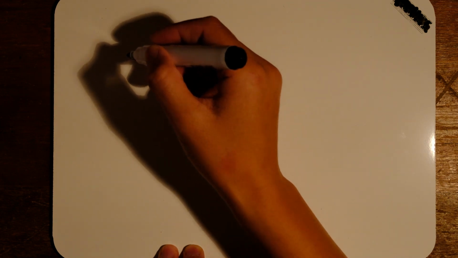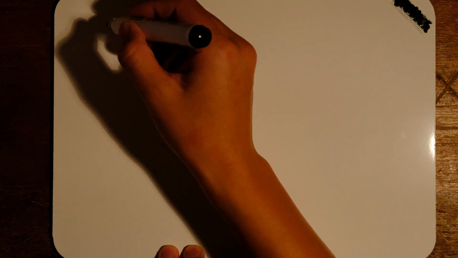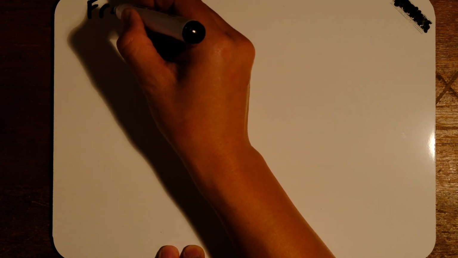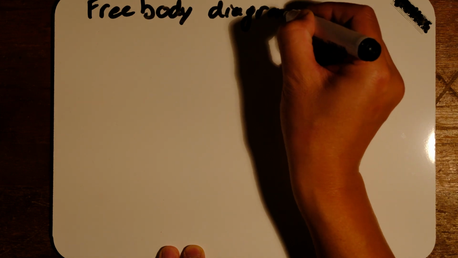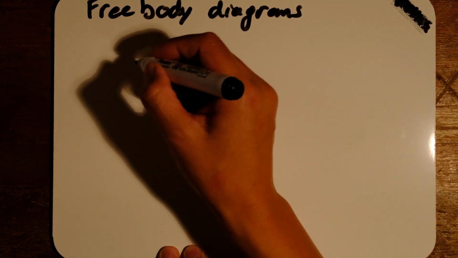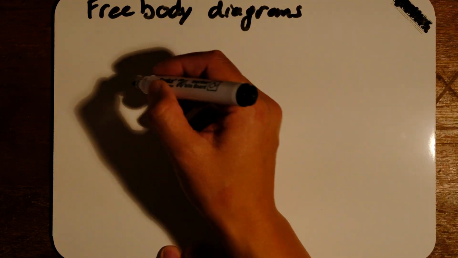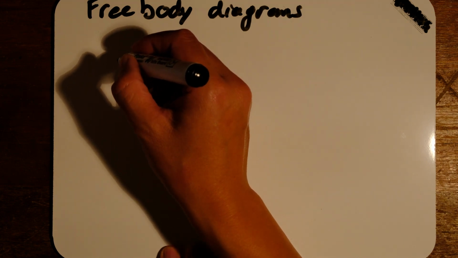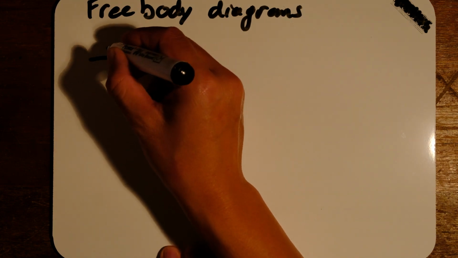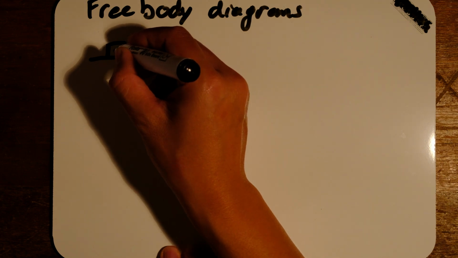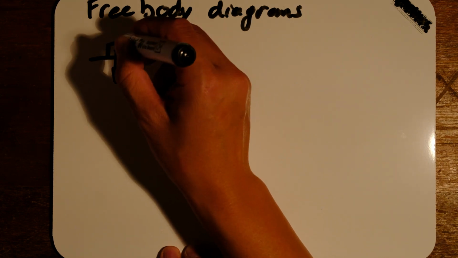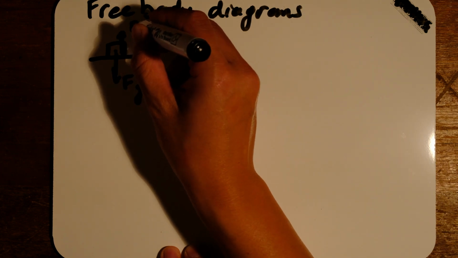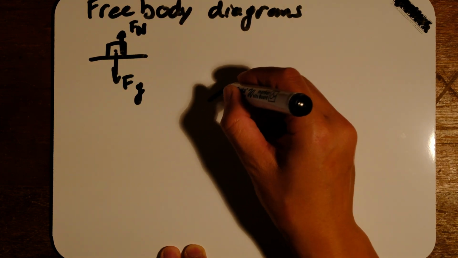Right. So last time we were looking at free body diagrams. Now, we've looked at free body diagrams on a flat plane where an object would be staying still, which would allow for a force of gravity and a normal force.